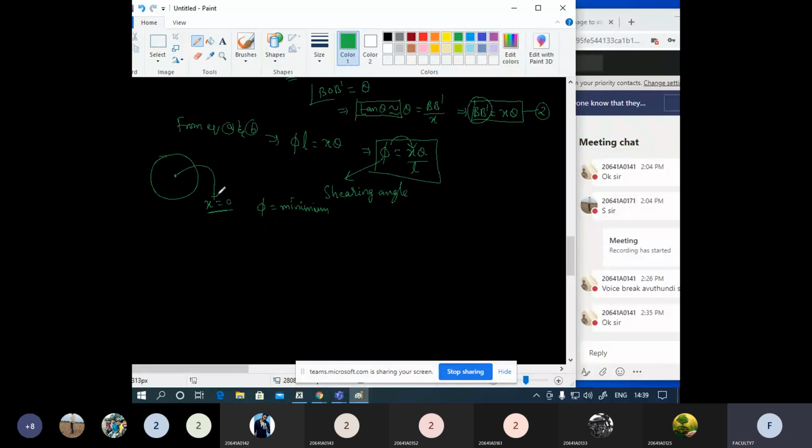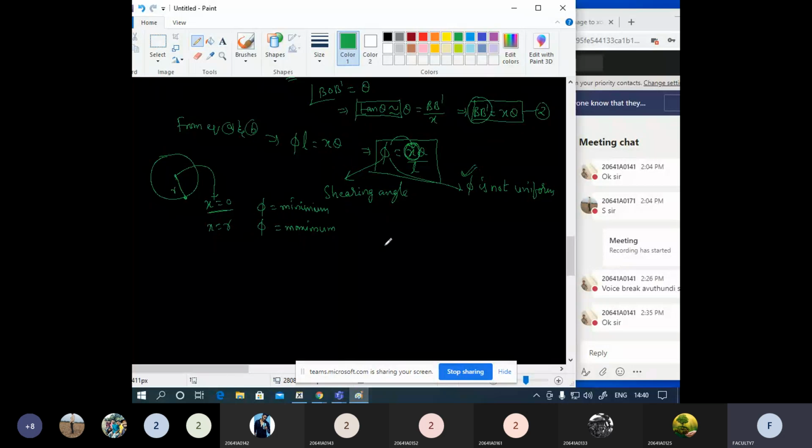Now if the x value is equal to r, you are at the surface, so at the surface the phi value will be maximum. So if x changes, the phi value also changes, nothing but the shearing angle will also change. Here phi is not uniformly distributed. That is the important point you need to identify here.